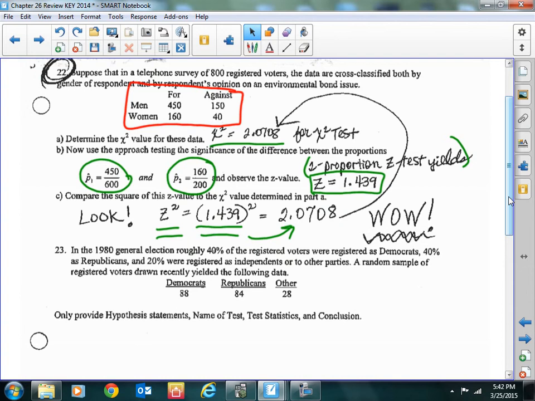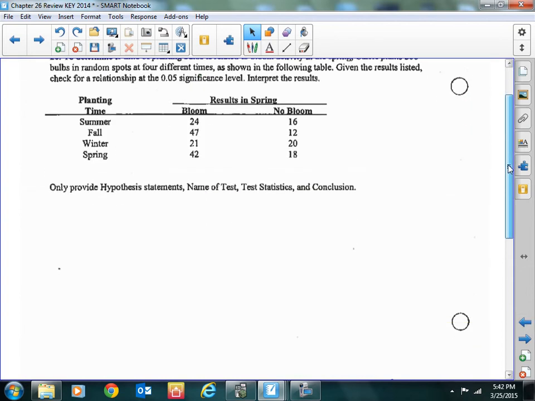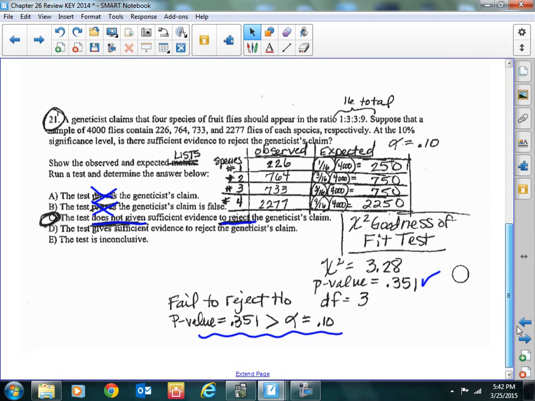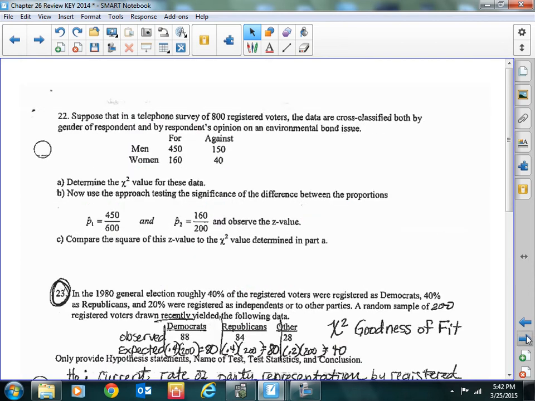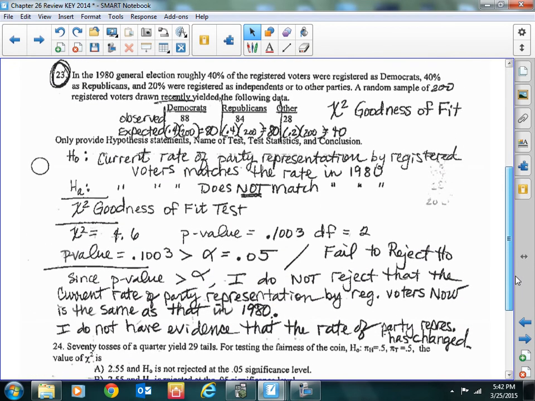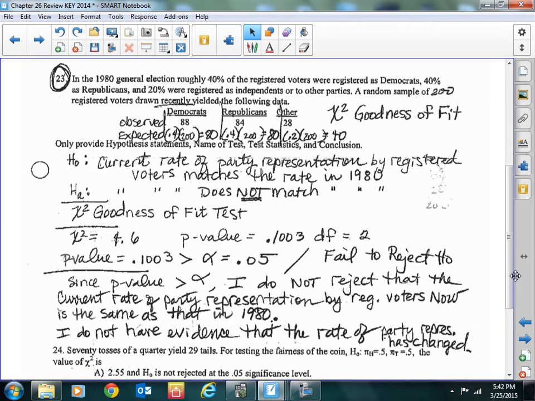All right, number 23. Let's see how that one's going to go. We got the observed. This is a goodness of fit as well. They give us the expected percentages.